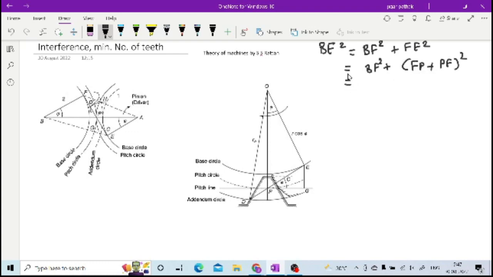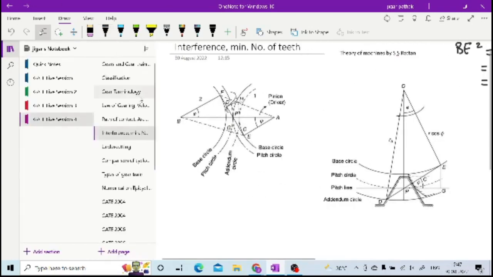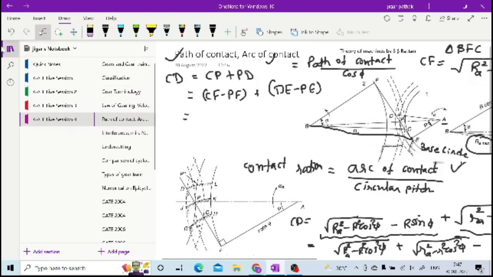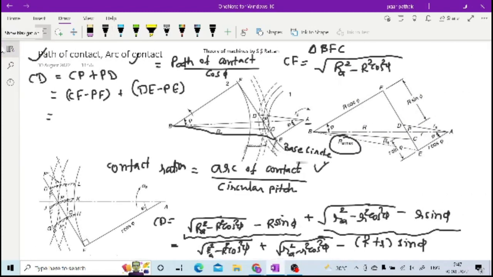So if you see what is Bf, Fp and Pe in the previous figure, right? So what is Bf? Bf is r cos phi, Fp is r sin phi, and Pe is that small r sin phi, right?